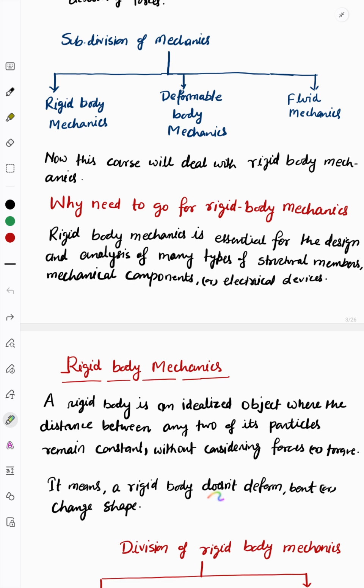But this is not true in a practical sense, because any object to which you apply forces is going to have deformations, bend, and may change its shape. These changes are very minute, so we assume they do not happen, but in a practical sense they do.